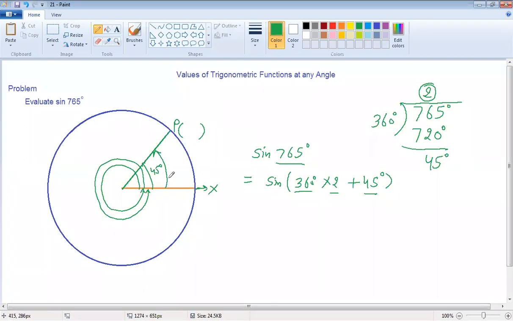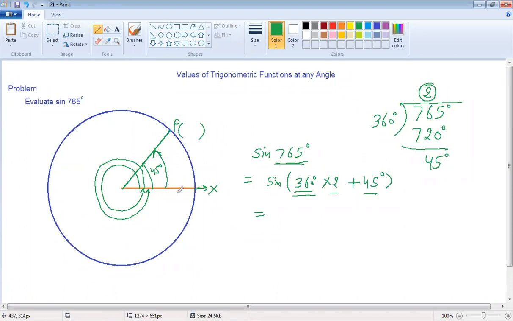After that 45-degree angle more, we get the angle 765 degrees, but the position of the line is the same as it would have been if we had only rotated by 45 degrees. So a 360-degree angle makes no change in the value of any trigonometric ratio, because 360-degree rotation means coming back to the 0 line.